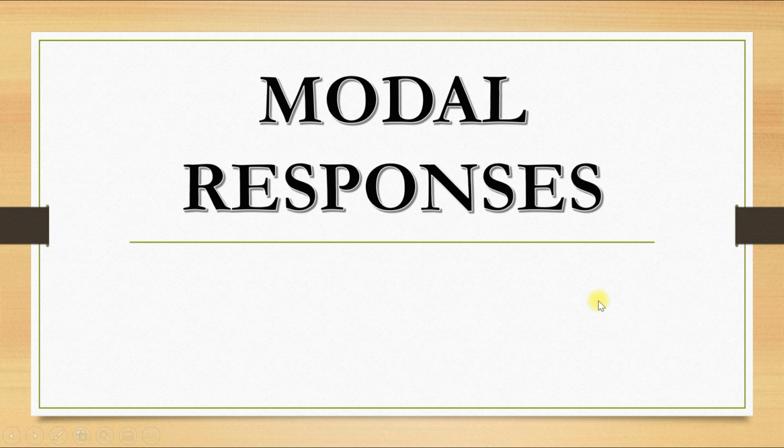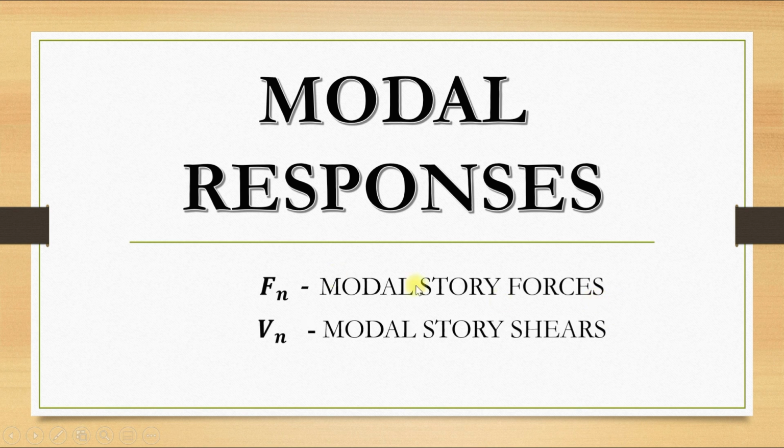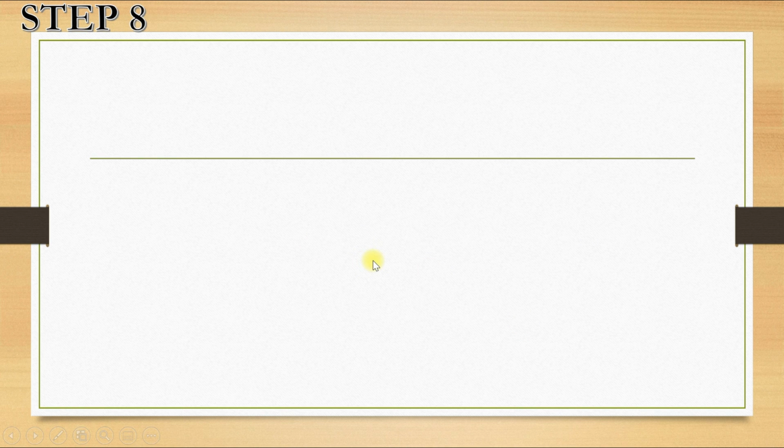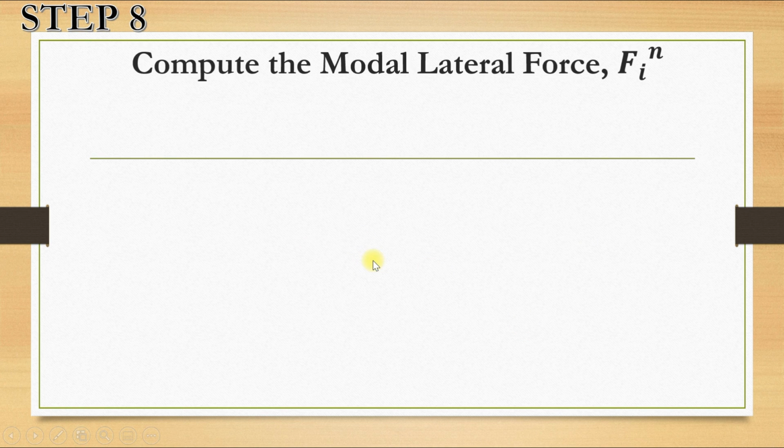So for modal responses, we will be computing the modal story forces, which is the Fn, and the Vn, which is the modal story shears, and the modal story displacements. So ito yung magiging step 8 natin. So here we will compute the modal lateral force.